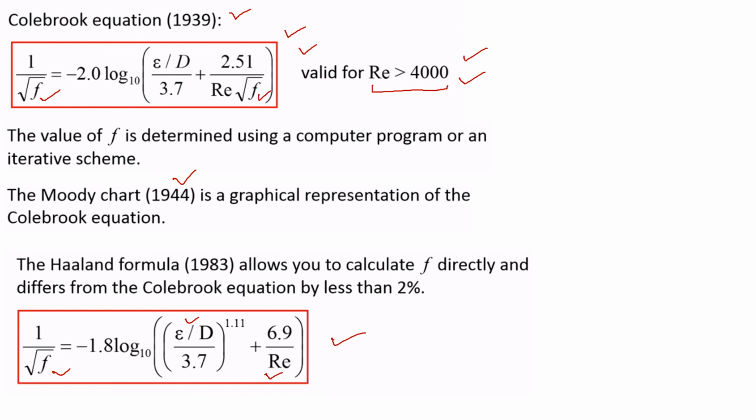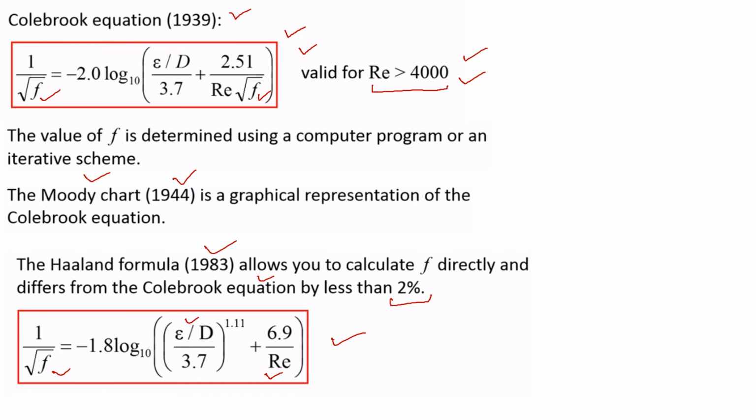This equation will result in a value that lies within 2% of the result that we get from the Colebrook equation. So this equation was derived later in 1983, but until 1983 we were relying heavily on Moody's chart to find the friction factor for pipes in the turbulent regime.